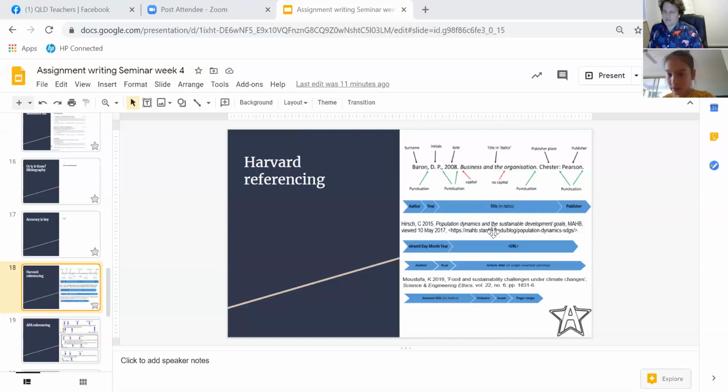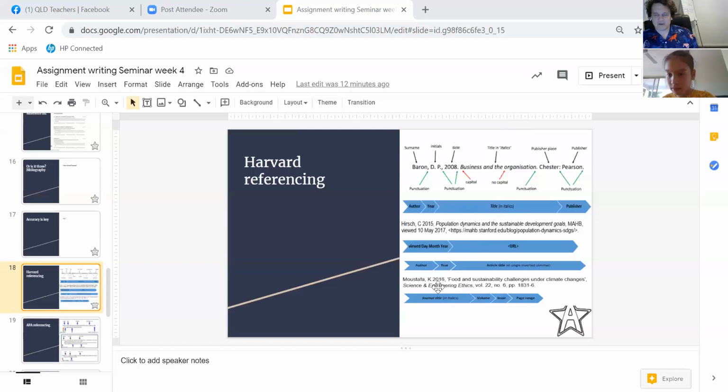Down the bottom, we have a journal article. So in Harvard, we have the last name, the first initial, the year it was published, the name in single quotation marks, and then the journal name in italics, whereas for the website, it's the website name or the title of the website where you took the information from.